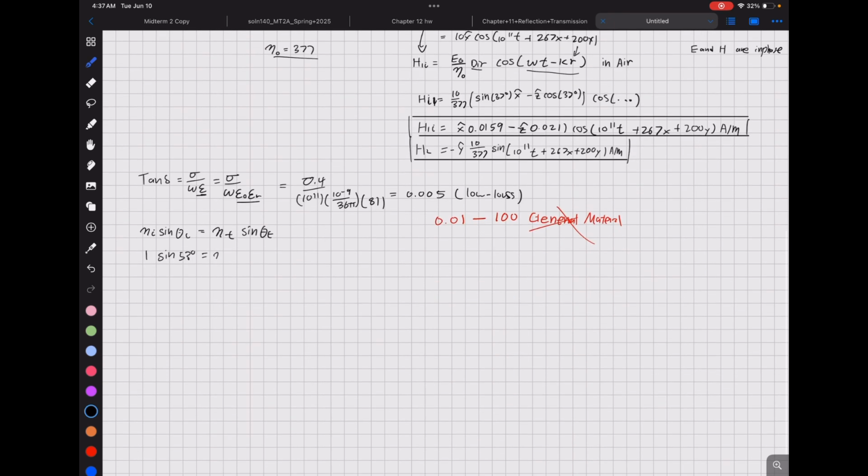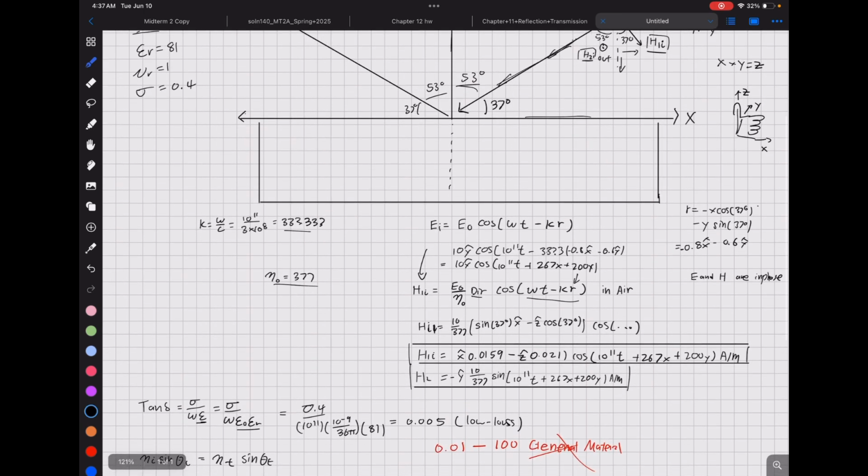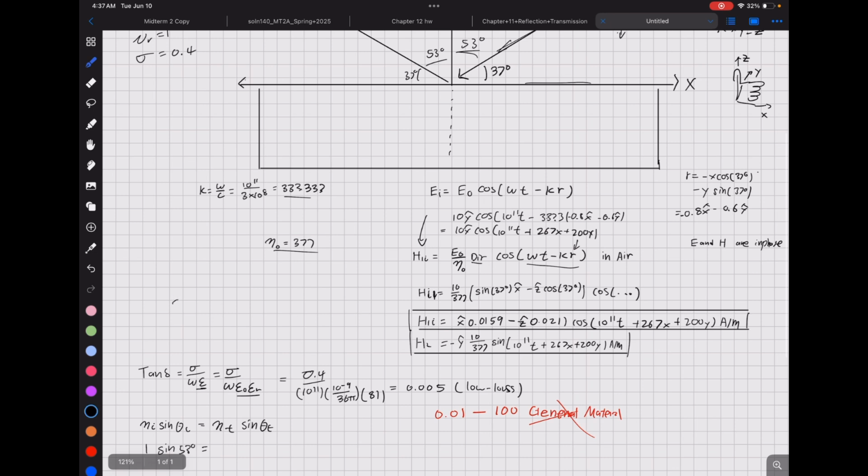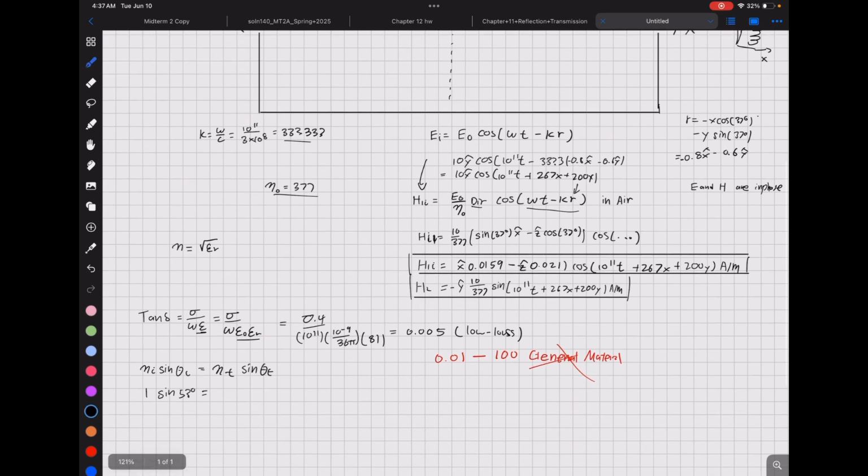So n of transmitted is our n of t, which is found through epsilon r. So n is equal to the square root of epsilon r, and the square root of epsilon r is going to be 9.